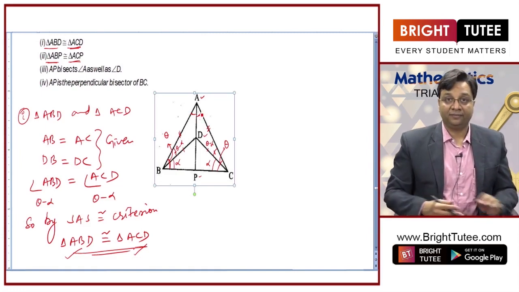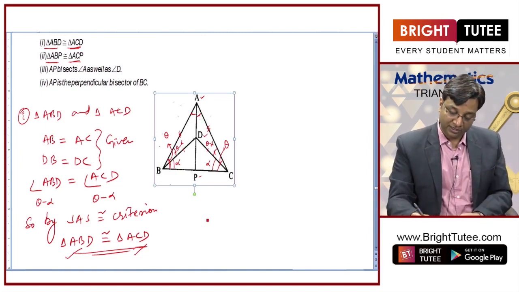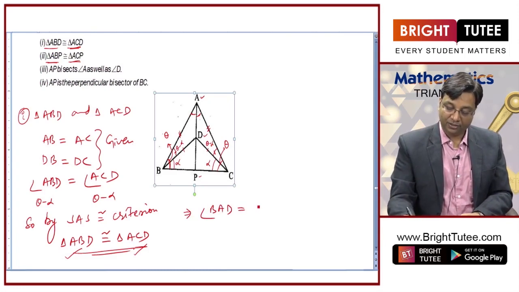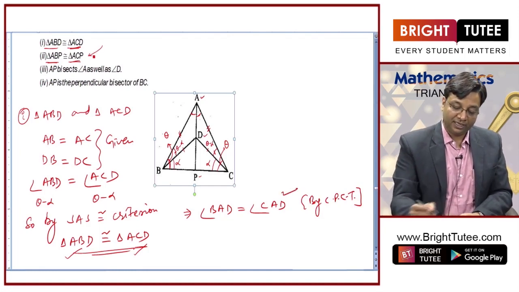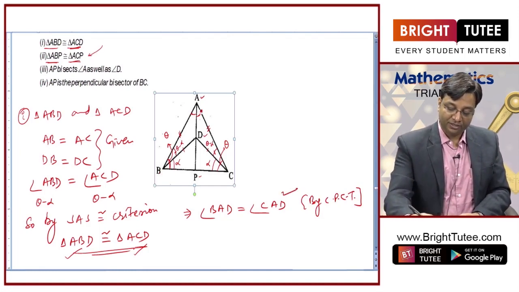Why? Because these are corresponding parts of congruent triangles. So, angle BAD is equal to angle CAD by CPCT. Why have I written this? Because I need to prove triangle ABP is congruent to triangle ACP.